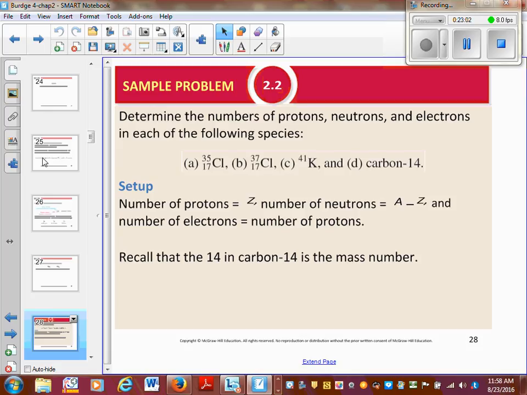How many electrons? 19. Carbon 14, how many protons? 6, carbon 6. How many neutrons? 8, 14 minus 6. And how many electrons? 6.